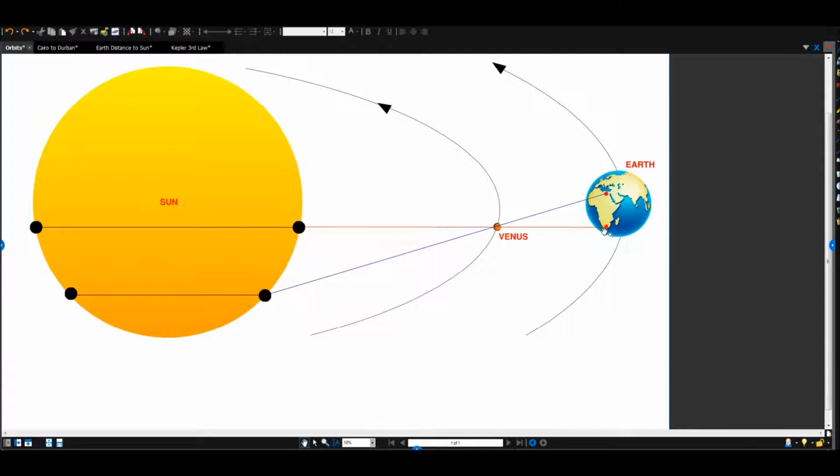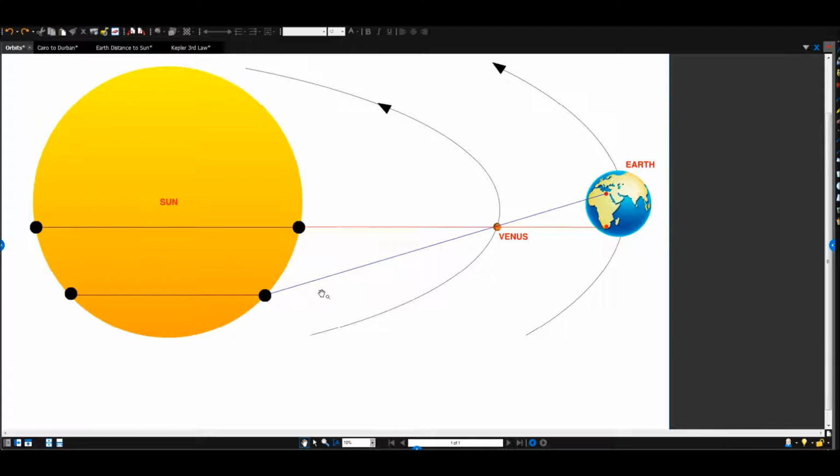Well, for Durban, it will take Venus a much longer distance, and hence a much longer time to travel across the sun, because it's further up. And for Cairo, it will take a much shorter distance, and hence a much shorter time. That's actually quite interesting for us.